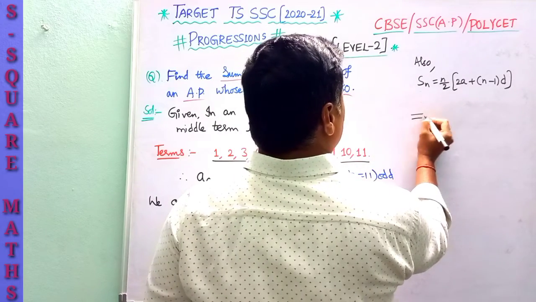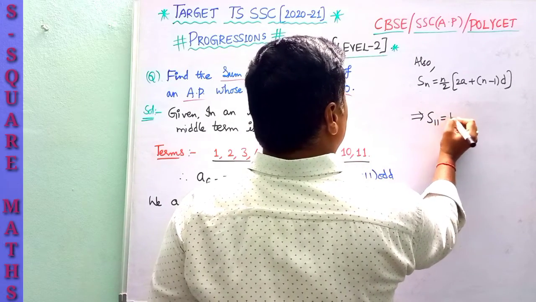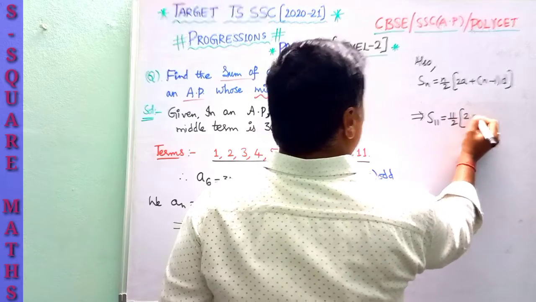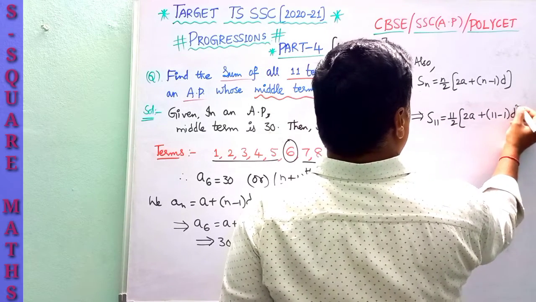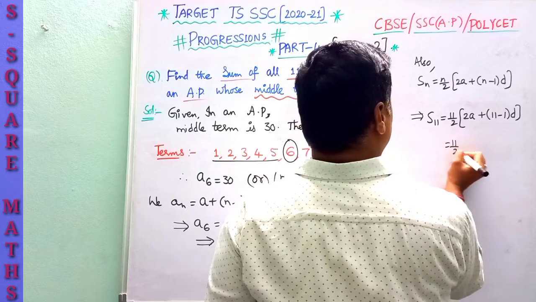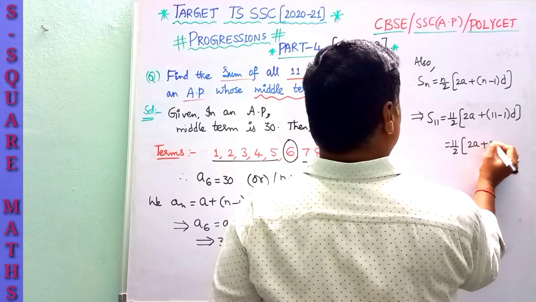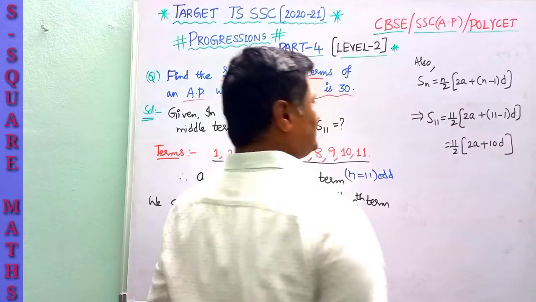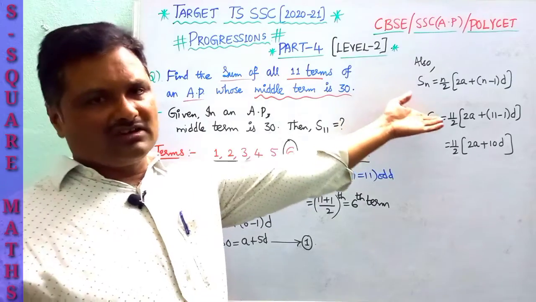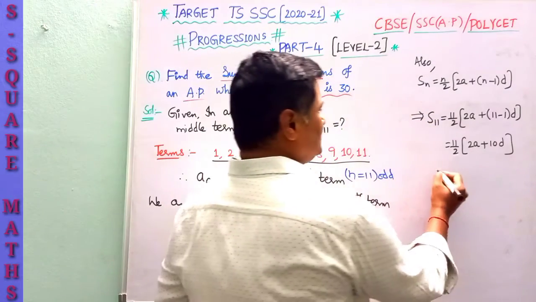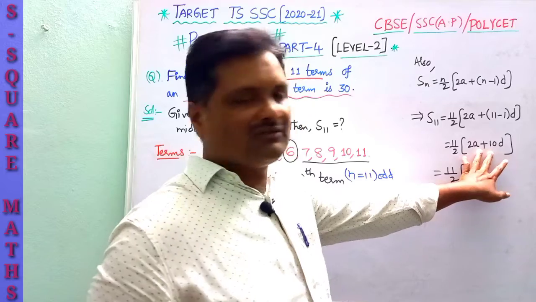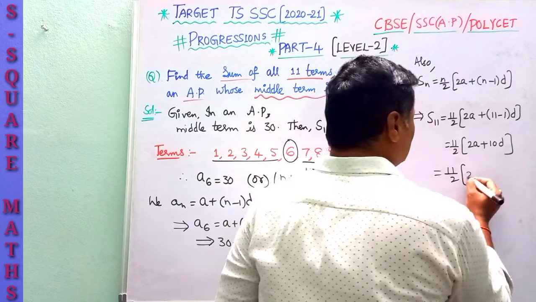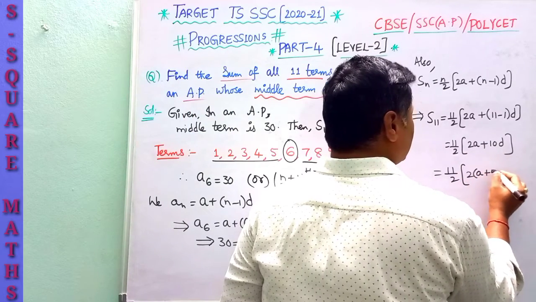So this implies S11 is equal to 11 by 2 of (2a plus (11 minus 1) into d), nothing but 11 by 2 into (2a plus 10d), substituting n equal to 11. Now in the bracket I can take 2 as common from the two terms, so that I can write 2 of (a plus 5d).